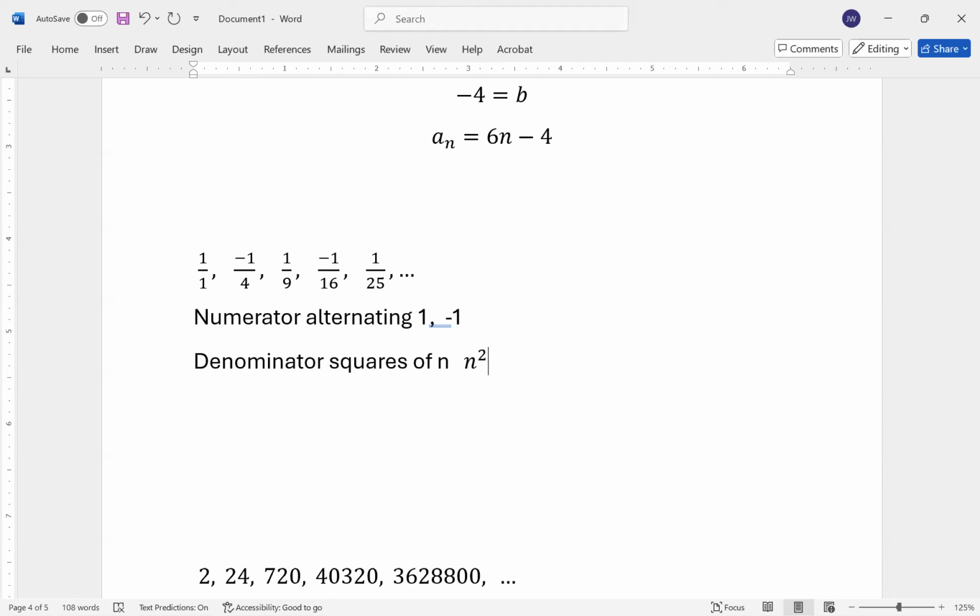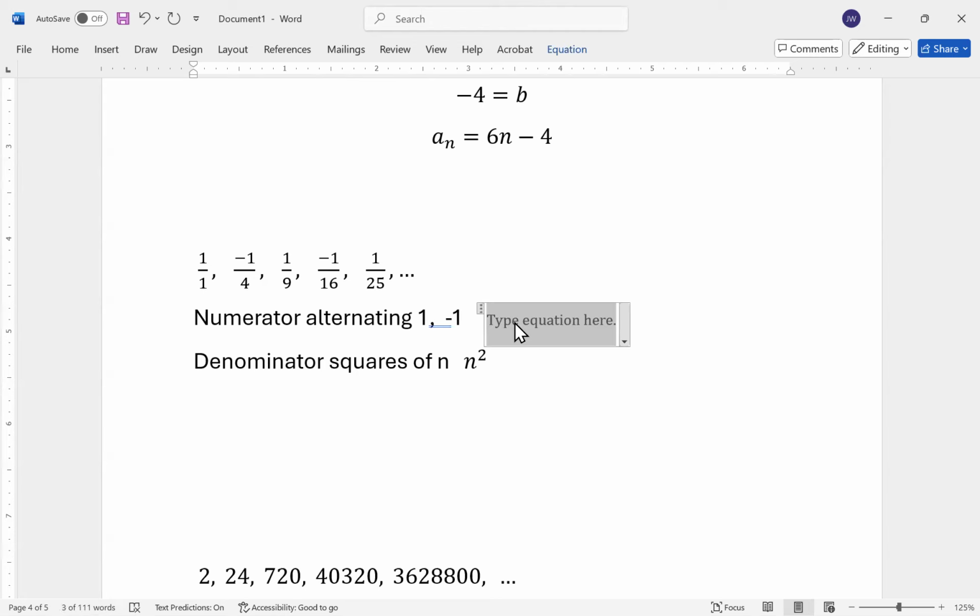Now here's the thing. If I plug in a 1, I should get a positive 1 in the numerator. When I plug in a 2, I should get a negative 1. That's the opposite of what happened in the case where I had negative 1 to the nth power.